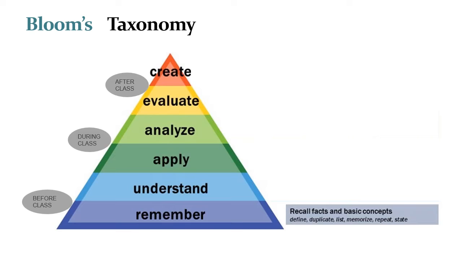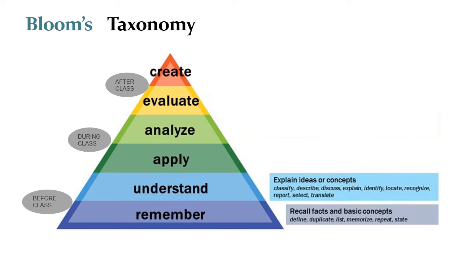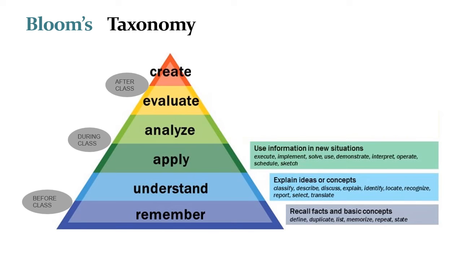First, remember: it refers to recalling facts and basic concepts, for example define, duplicate, list, etc. Understand: explain ideas or concepts, for example classify, describe, discuss, explain, identify, locate, recognize, report, select, and translate. Apply: use information in a new situation, for example implement, solve, use, demonstrate, interpret, operate, and so on.